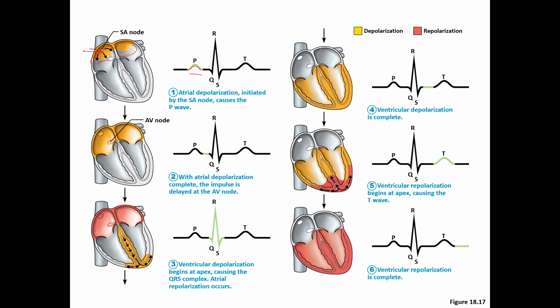Okay, so if you just know that, you will understand. This is depolarization, this is repolarization. So you see atrial depolarization is occurring, that means P wave is being formed, and then atrial depolarization is completed, so P is completed. Now the tracing you see here.